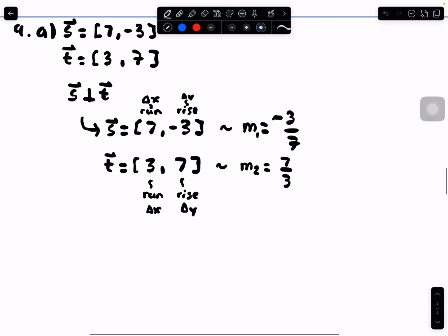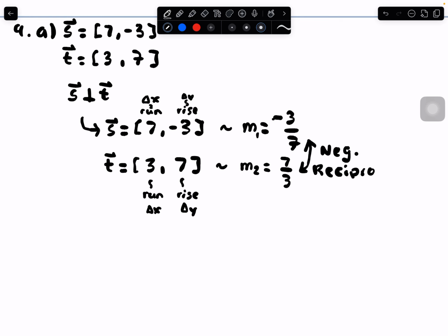M1 and M2, if these were lines, these would be two lines that are orthogonal to each other, because each of these is a negative reciprocal of the other. Negative reciprocal. That's a fancy way of saying take the fraction, flip it, and once you flip it, add a negative sign.